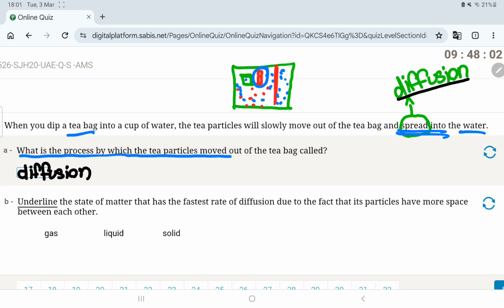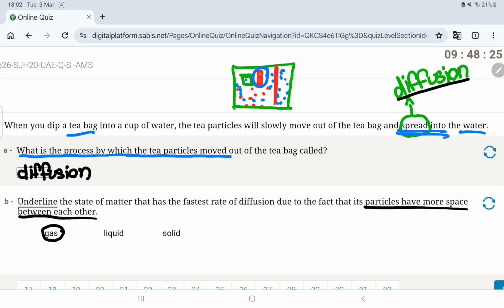Underline the state of matter that has the fastest rate of diffusion due to the fact that the particles have more space between each other. So basically here they're just asking you which particles have the most space. It's gas, right?